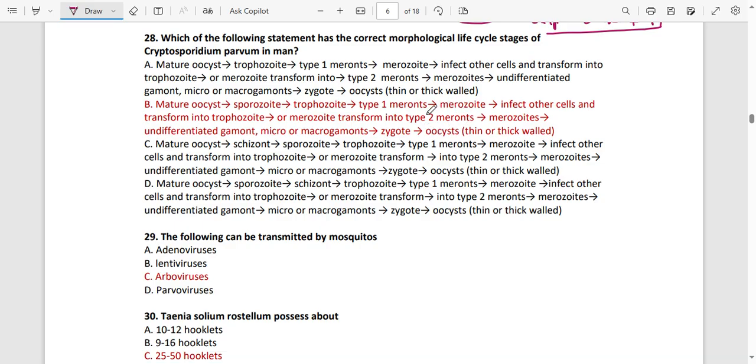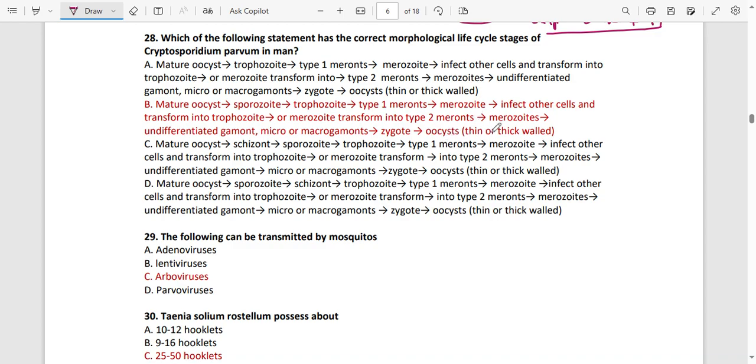And the type 2 meronts can further convert to merozoites. And these merozoites can differentiate into gamonts, the micro and macro. Remember we said that the microgamont is going to differentiate into microgametocyte, which will join with the macrogamont to undergo fertilization to form a zygote, and then the oocyst.